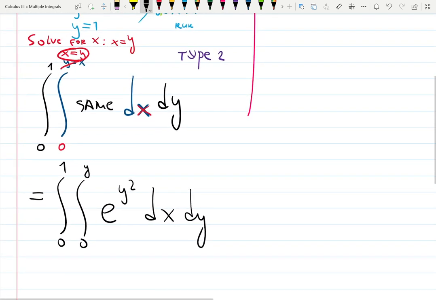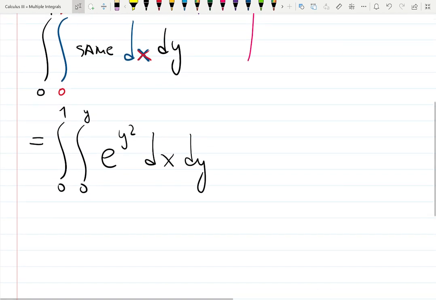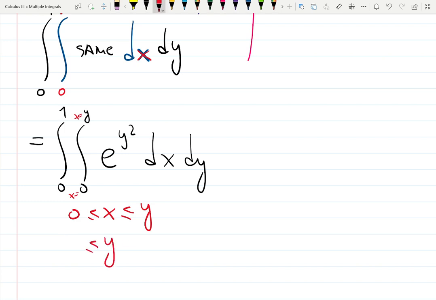To conclude, x is running between the functions x equals 0 and x equals y, while y is running between the numbers 0 and 1. So now from left to right it runs between two functions, but from top to bottom it rises between numbers.